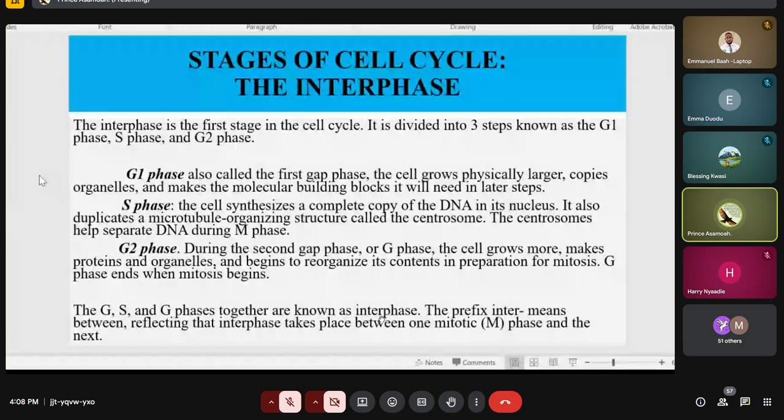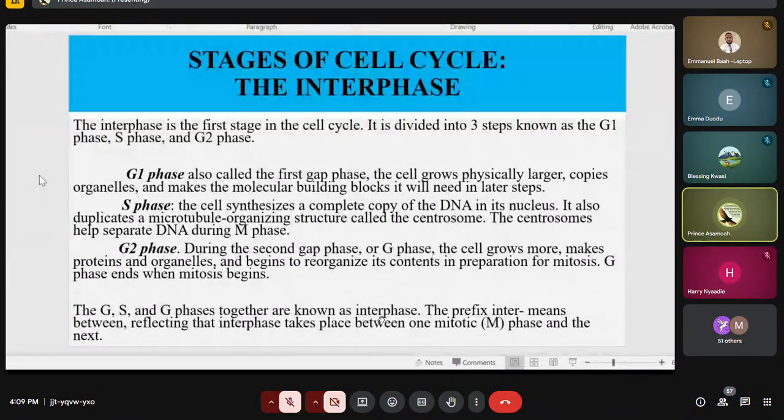Okay, so these 3 phases or steps make the interphase, the first stage. Now let's look at these steps, these phases.